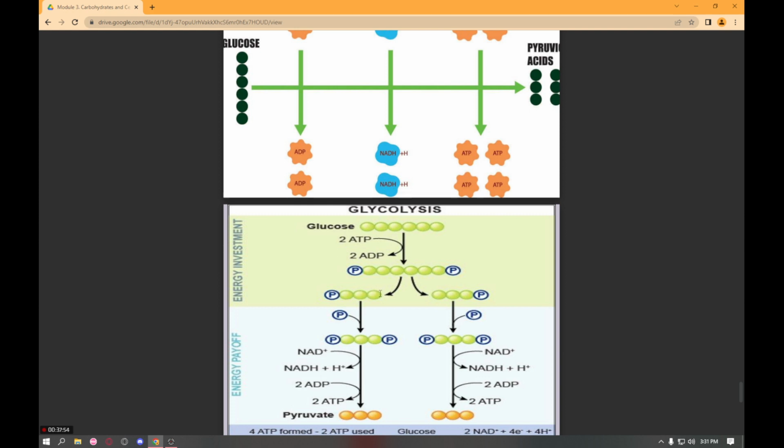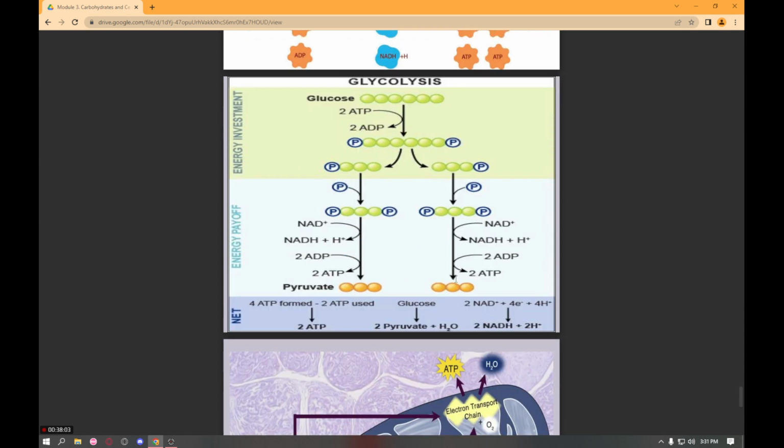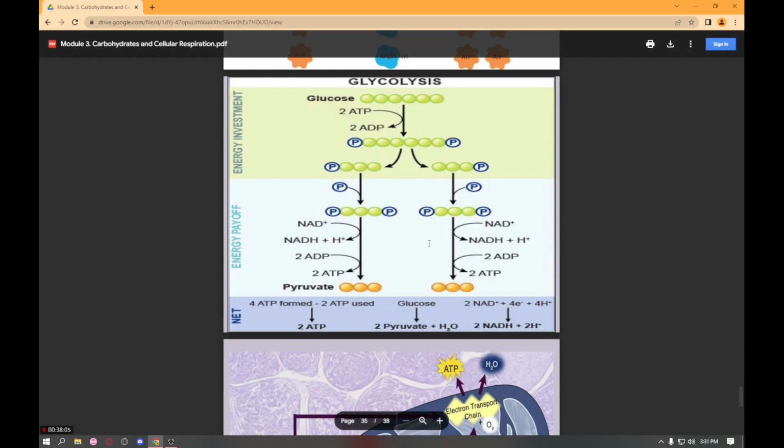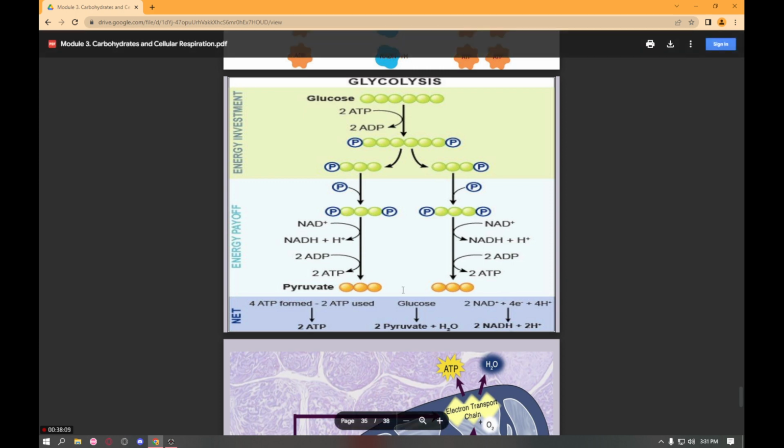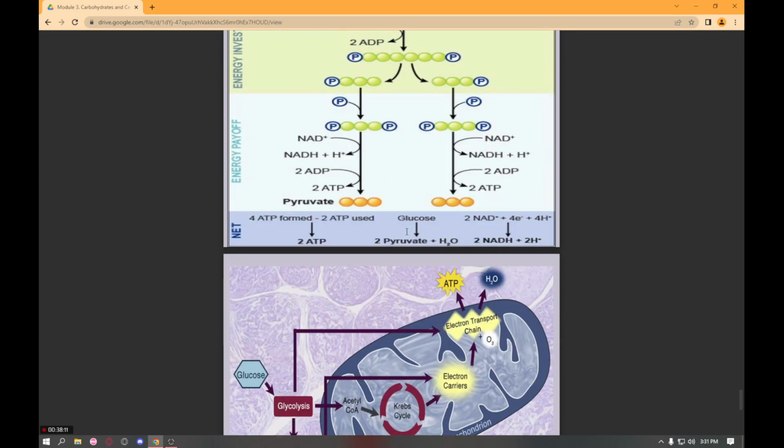So 1, 2, 3, 4, 5, 6. So it's split into 3 carbon molecules. Through the presence of your NADH, which is an enzyme, it produces 2 pyruvic acids.